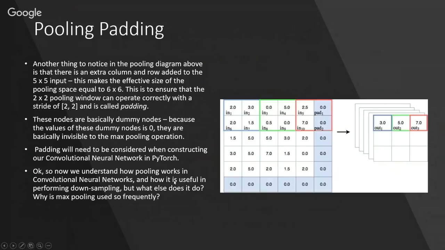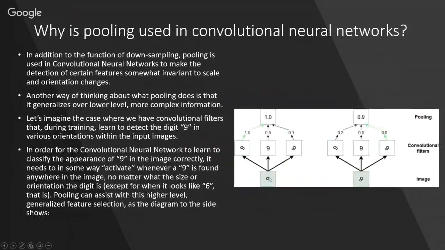So now that you have an understanding of this, what else does it do? Why is max pooling used so frequently? In addition to the function of downsampling, pooling is used in a convolutional network to make detections of certain features somewhat invariant to scale and orientation changes. Another way of thinking about what pooling does is that it generalizes over lower level, more complex information. Let's imagine we have a convolutional filter that during training learns to detect the digit 9 in various orientations within the input images.